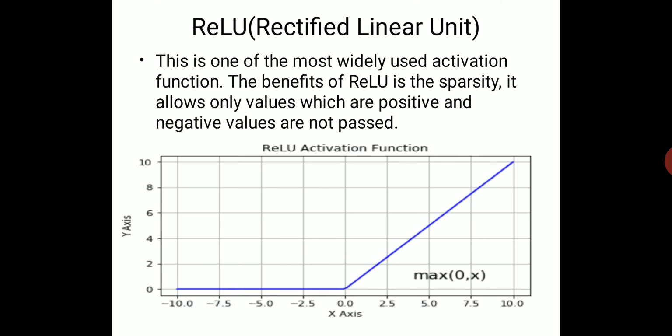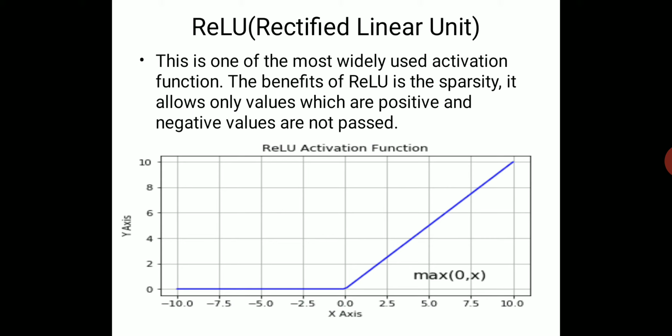Now another one is ReLU, or rectified linear unit. It is one of the widely used activation functions. Basically its benefit is sparsity, or we can say a very unique result we gain from ReLU. It allows only the values which are positive, and negative values are not passed.